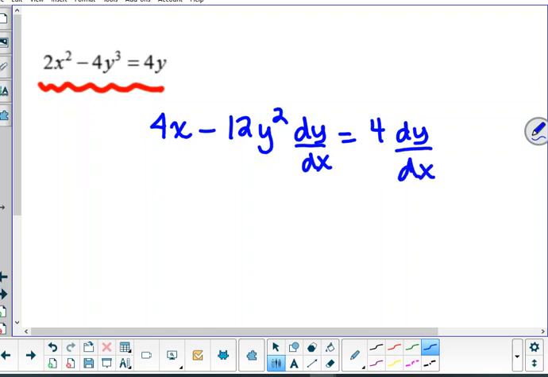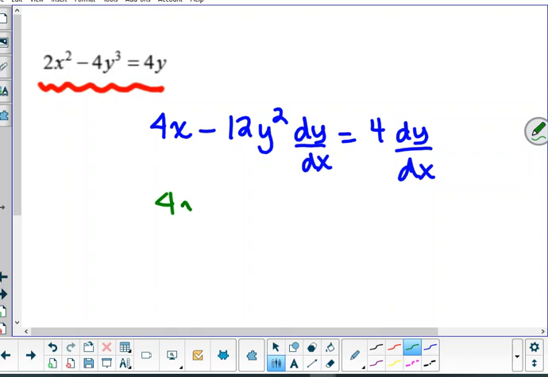We're taking the derivative implicitly with respect to x, so x is normal and y is treated as a function of x, and so every time we take the derivative of a y, we have the chain of the dy/dx added on.